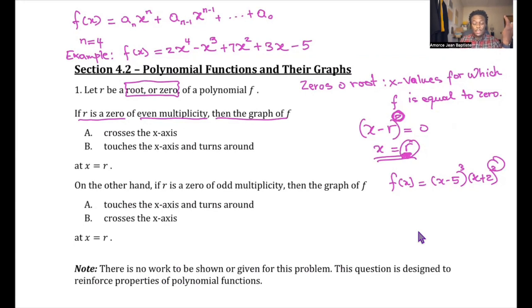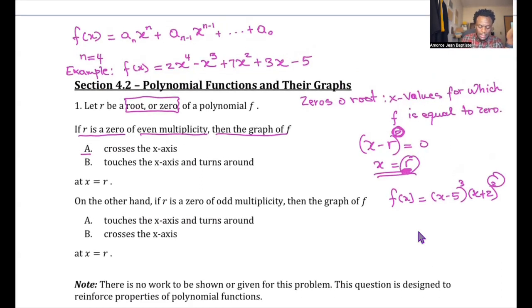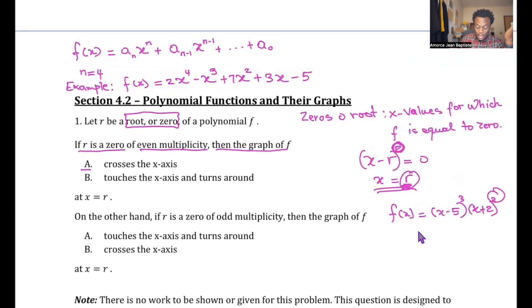We have two different effects. A, the graph crosses the x-axis at this value. And B, the graph touches the x-axis and turns. Those are the two effects we can see happening at the location of each zero.